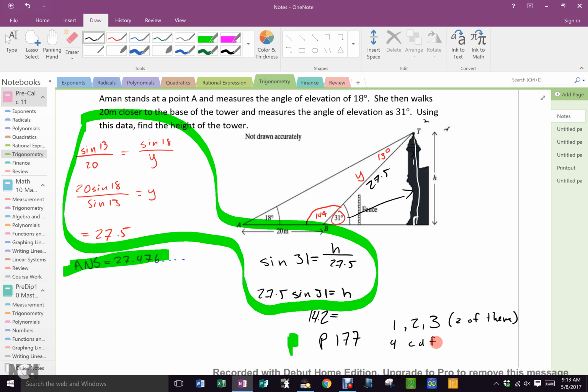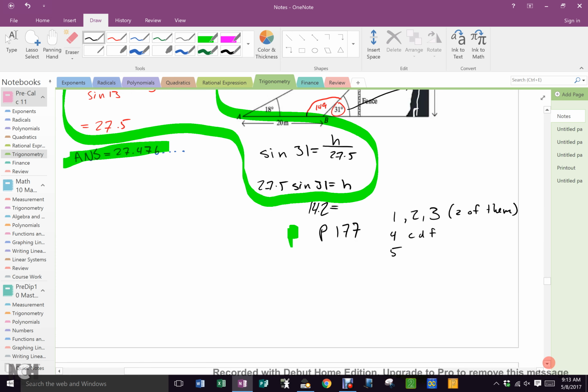The last page I gave you that looked like this, I only wanted you to do part of it because I hadn't showed you the other part, right? I want you to do 5. I don't want you to do 6. I want you to do 7. I want you to do 9.